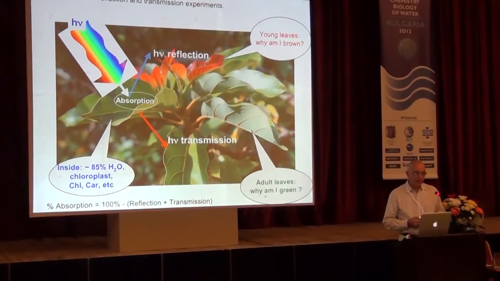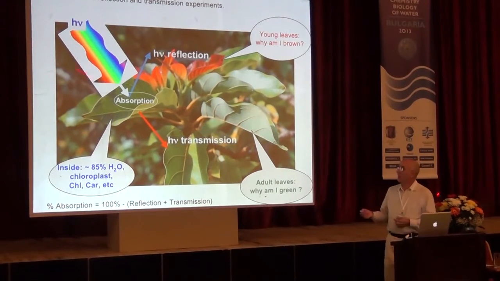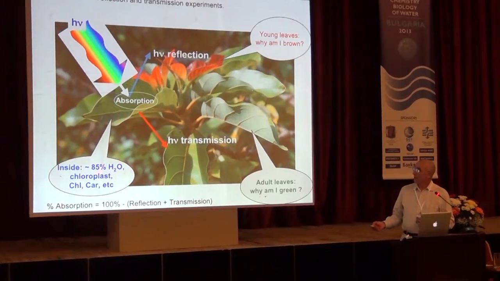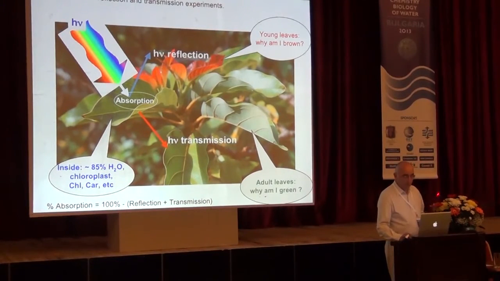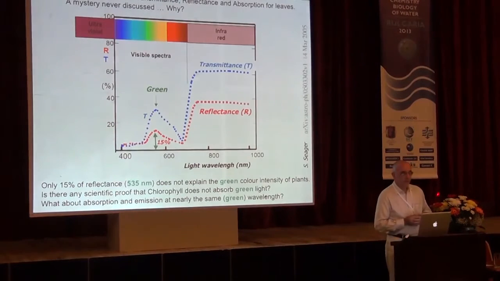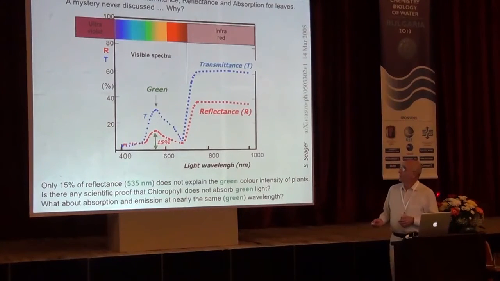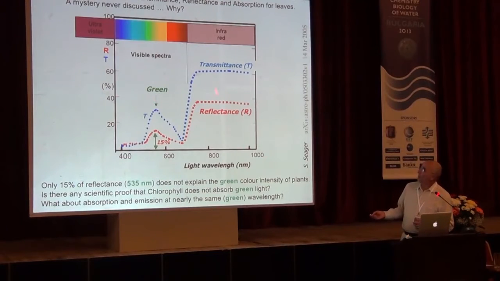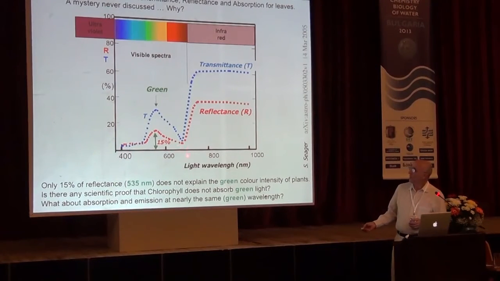And inside we have, of course, water, and we have molecules, and we have to take care of these experimental results for plants. These are reflection and transmission experiments from blue near ultraviolet up to the green color here.